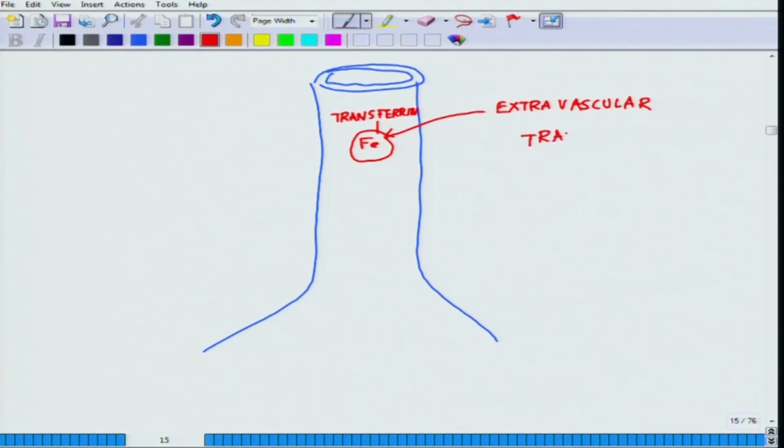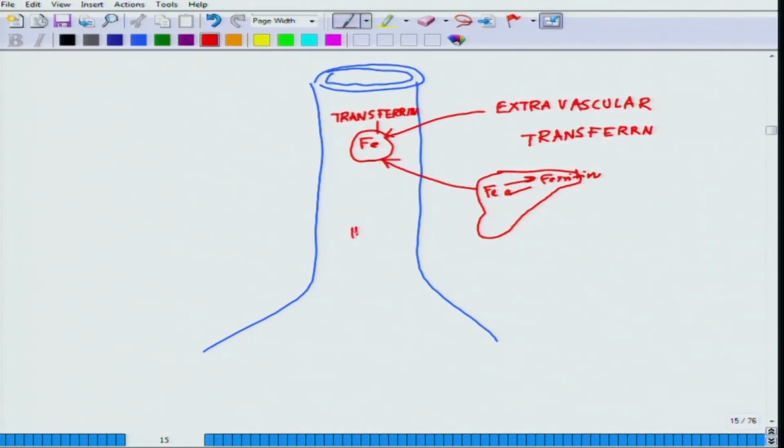Extravascular transferrin. Then you have the ferritin molecule, which is continuously changing, ferritin. Okay. Then this is coming to the blood vessel.